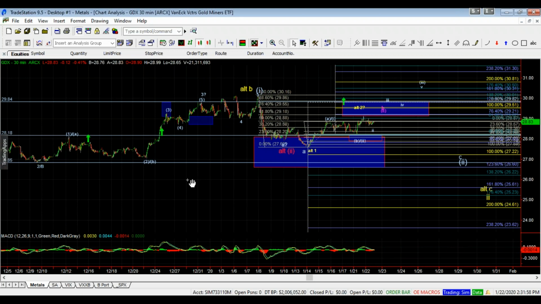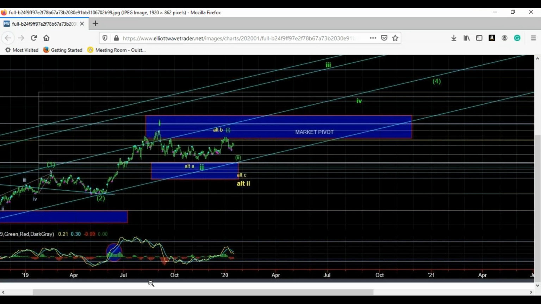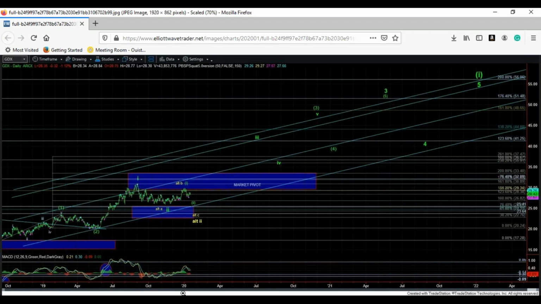still holding our bigger picture count, because again, we can go all the way down. We can get as low as 2276 without invalidating. So again, it'd be an A, B, and then a C down.